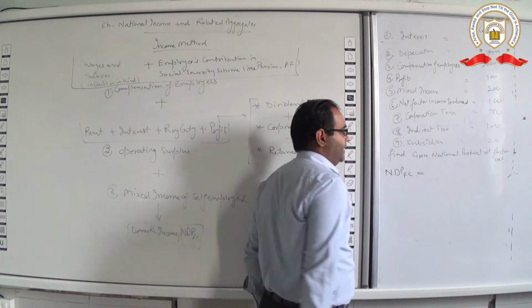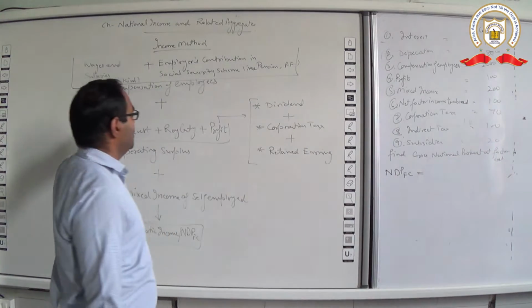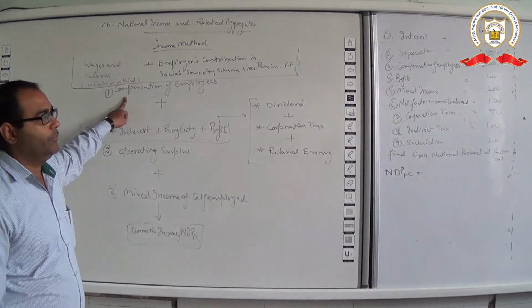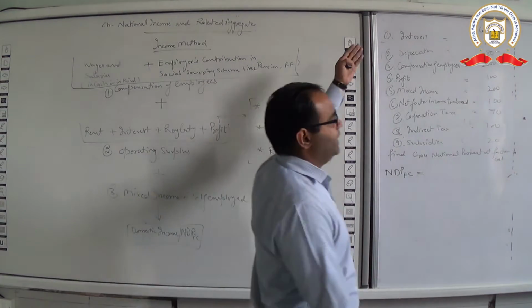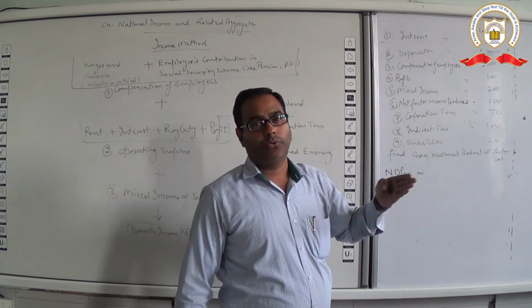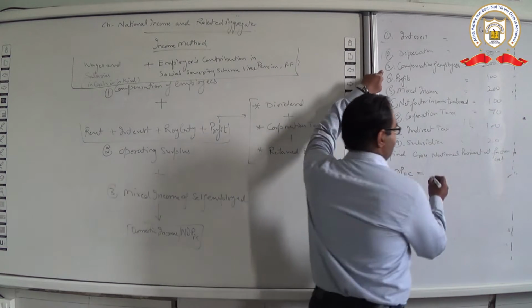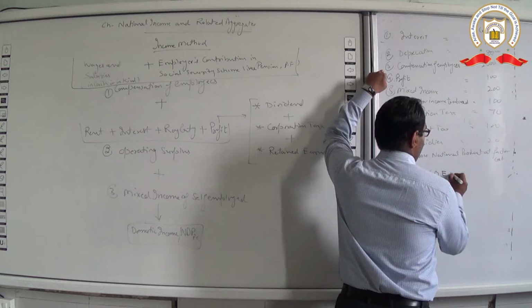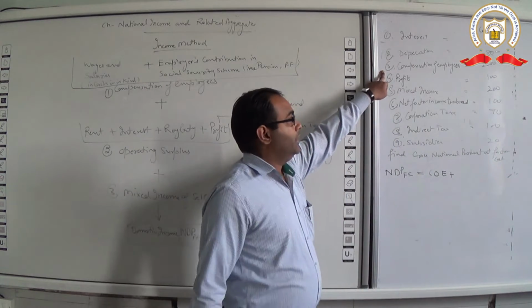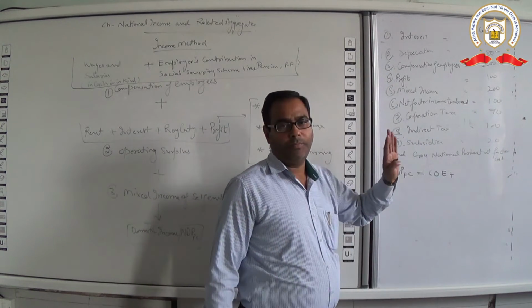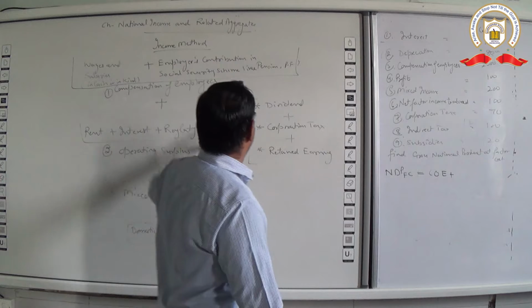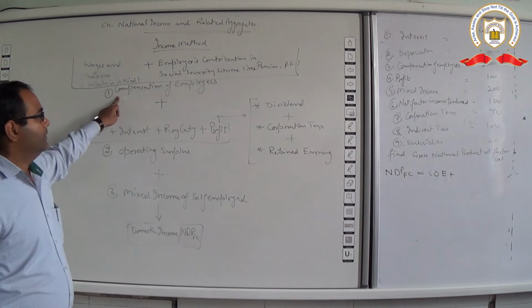The component of NDP is compensation of employees. First we go to the major component. If it is given in the question, we will not require to take its subcomponents. Compensation of employees, yes, it is given in the question. We can write the abbreviation COE. Now we need not take the subcomponents of COE.